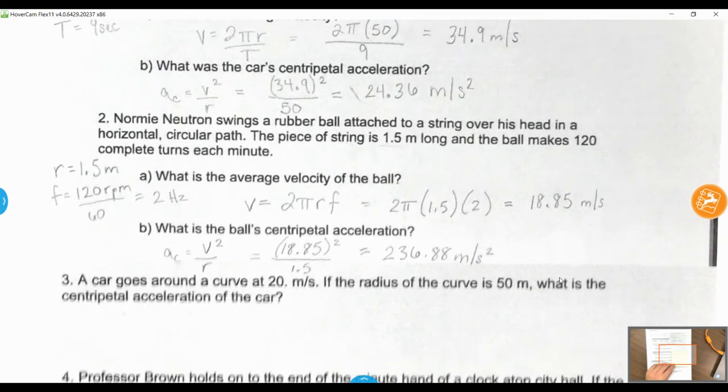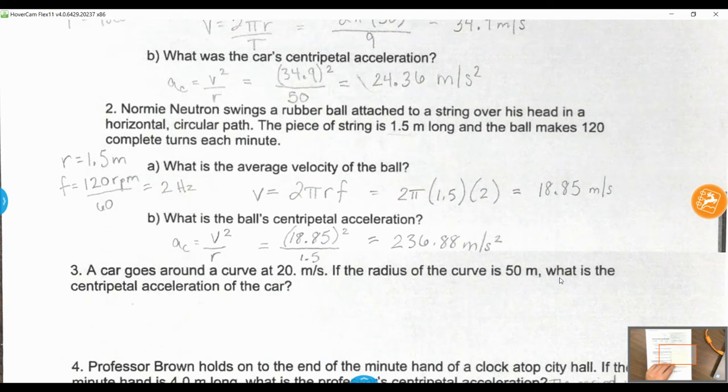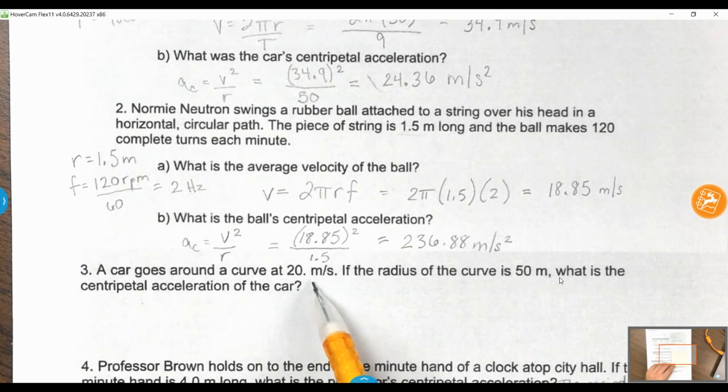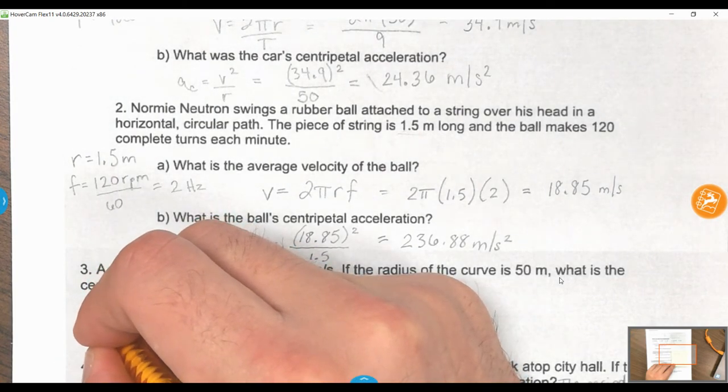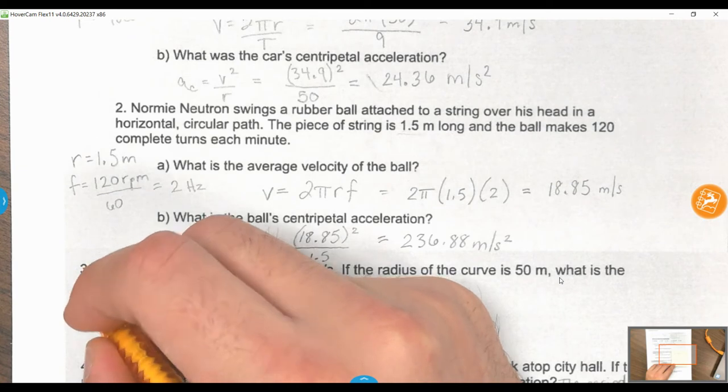Number 3, car goes around a curve at 20 meters per second. If the radius of the curve is 50 meters, what is the centripetal acceleration of the car? Okay, so meters per second is telling us our speed or tangential speed or linear velocity, linear speed, whatever. They're all the same thing.